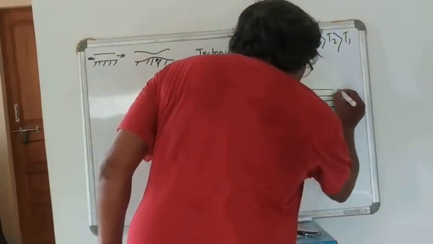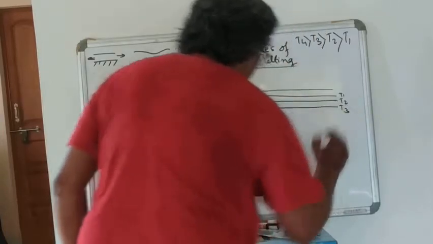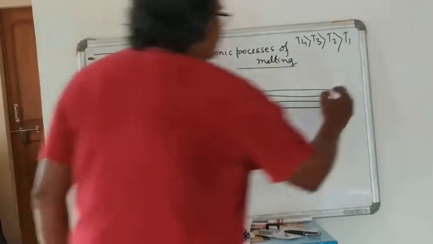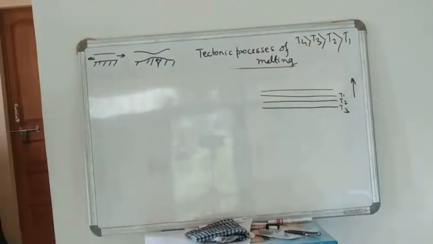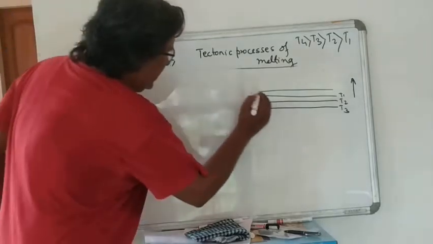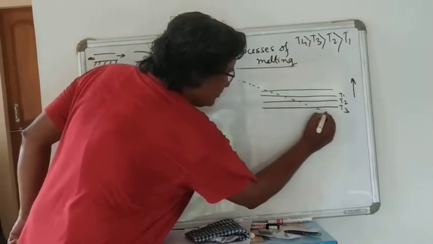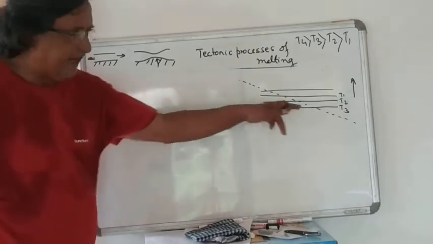Okay, so this is T3, T2 and this is T1. So this is the crustal section, this is top. And let's say we draw a line like this. A line like this.